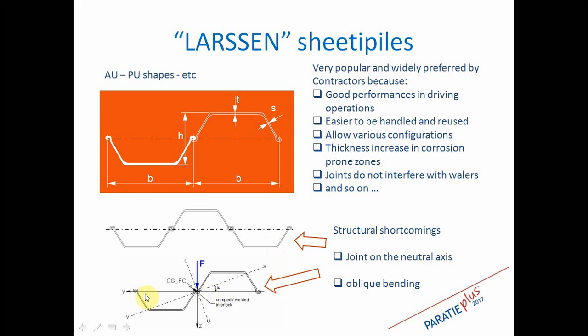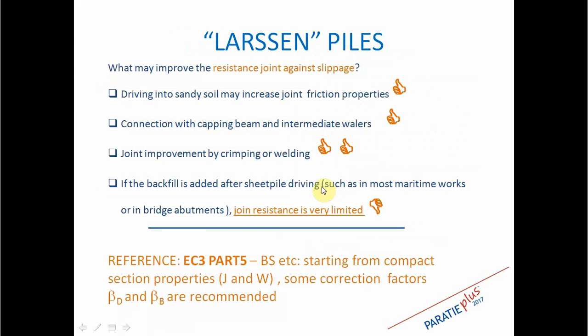And also, even if there are some restraints along the slippage, there may be some oblique bending, so the neutral axis actually is not along the geometrical axis of the wall section, but there is a rotation of the neutral axis. So as I said, the main issue is to assess correctly the resistance of the joint slippage.